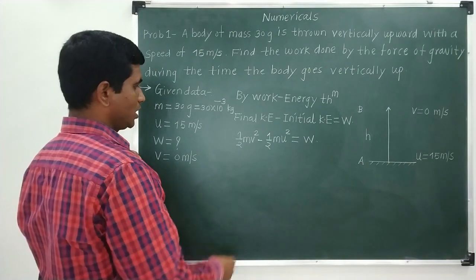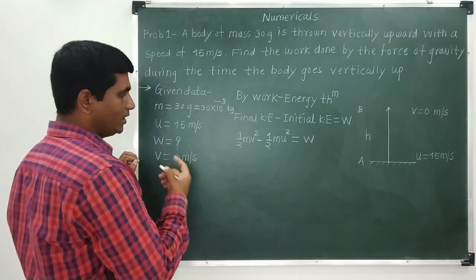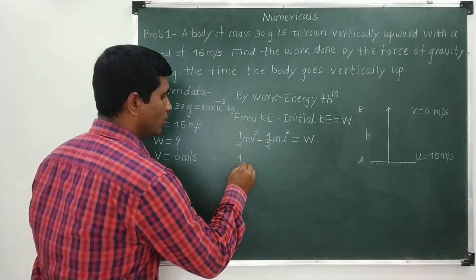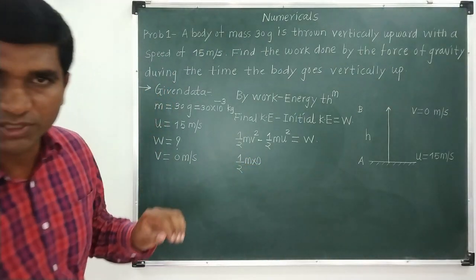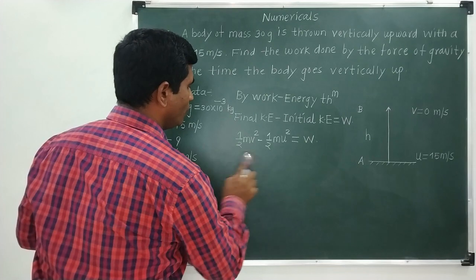Now I'll just substitute the values. I know the final velocity is 0, so it is 1/2 m into 0. So the first term will be 0.